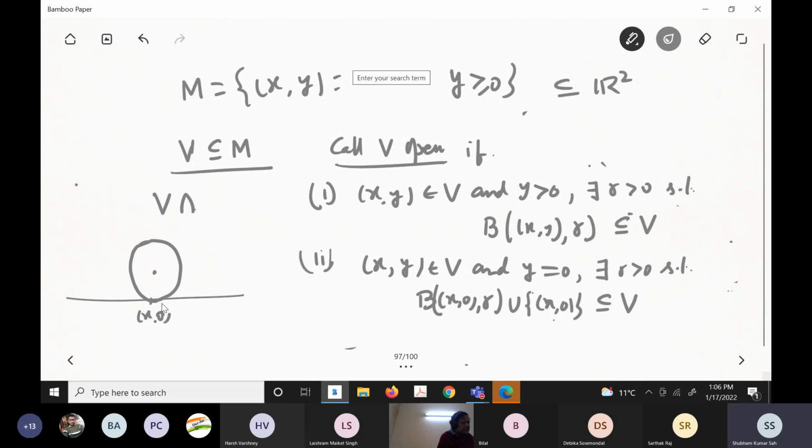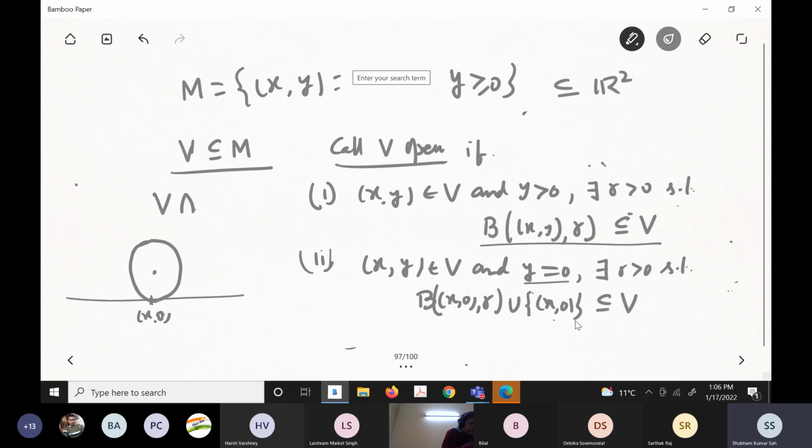That's the topology I am considering. If (x, y) has y greater than 0, then the usual thing. And if you have this, then you have an entirely open disk, but corresponding to this also there is this part. So this will give you a topology.